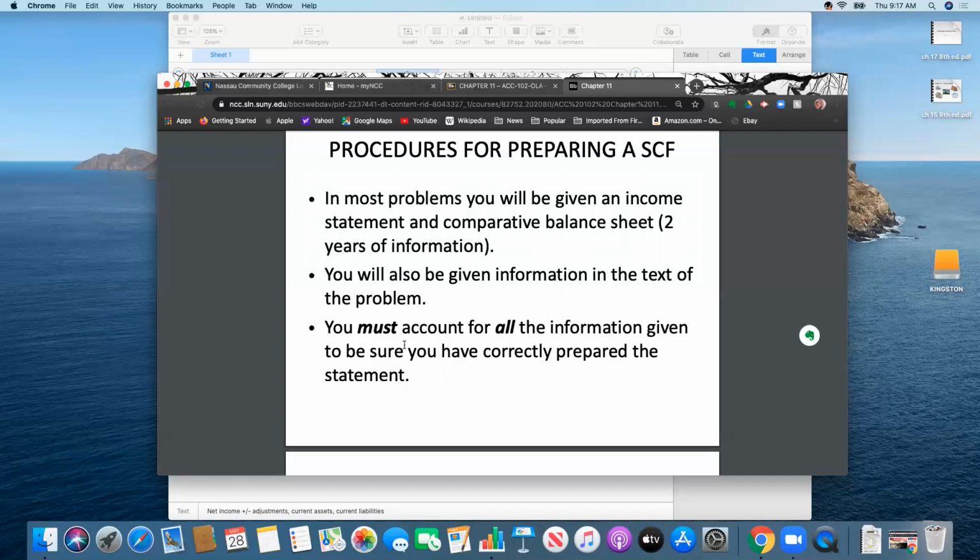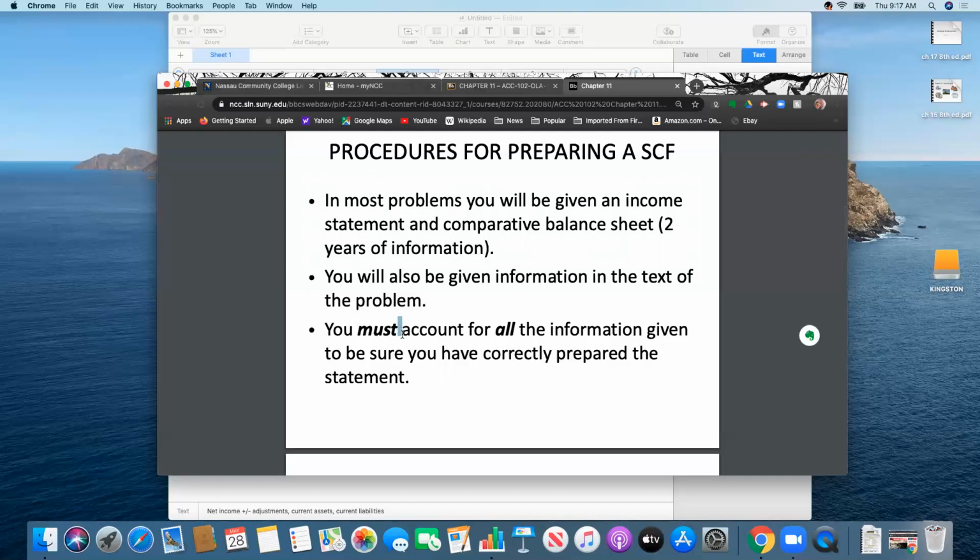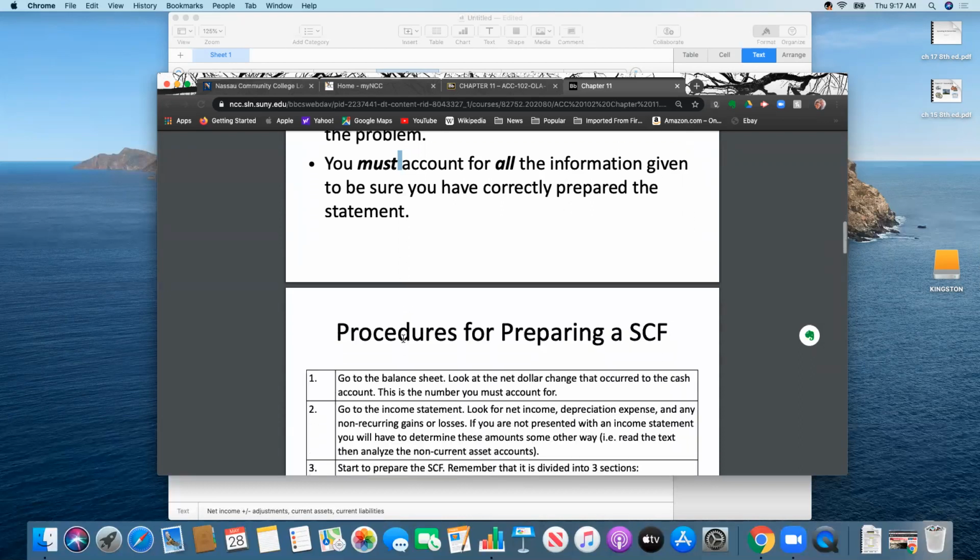Because if you leave something out, that might be something that affects cash and your answers will be wrong, maybe. Now, to be honest with you, some of the problems are so easy, you could take shortcuts, but you never know when you're doing the problem initially whether it's going to be like that or not, right? So be careful.